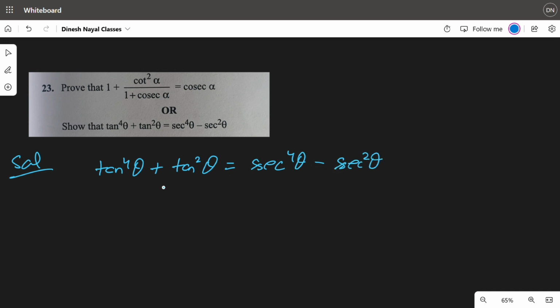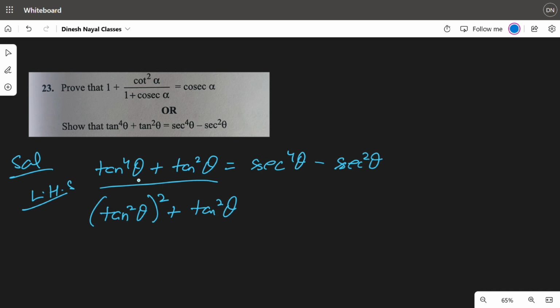Okay, so now see how you can write tan to the power 4 theta. First of all, taking the left hand side, tan to the power 4 theta you can write as tan square theta whole square plus tan square theta.